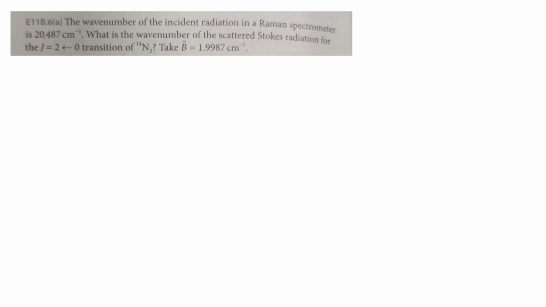So the question is, what is the wave number of the scattered Stokes radiation of the J 0 to 2 transition for 14N2? The B value is already given.